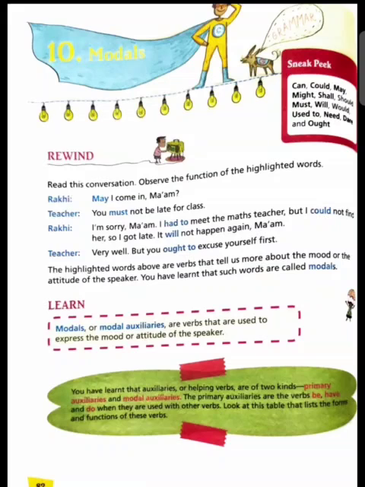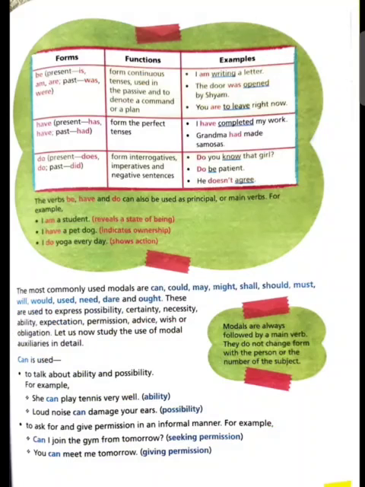So look at the table that lists the forms and functions of these verbs. As you can see in the chart here, forms of be, have, and do have been given, and the function and some examples are also there.